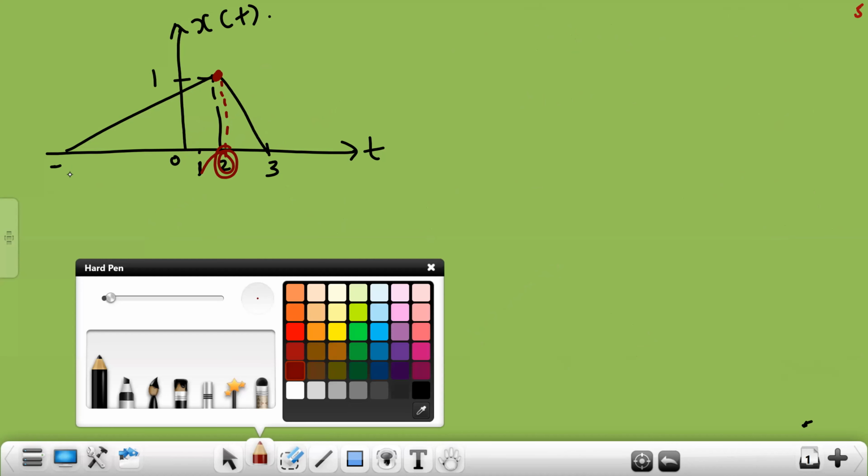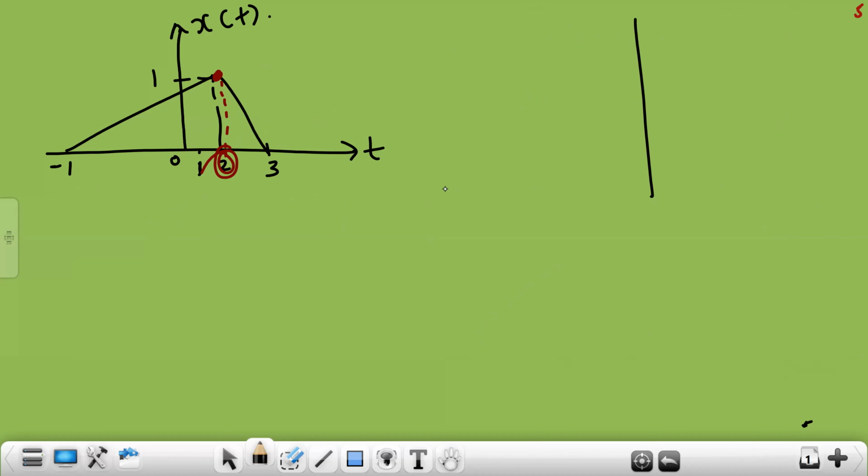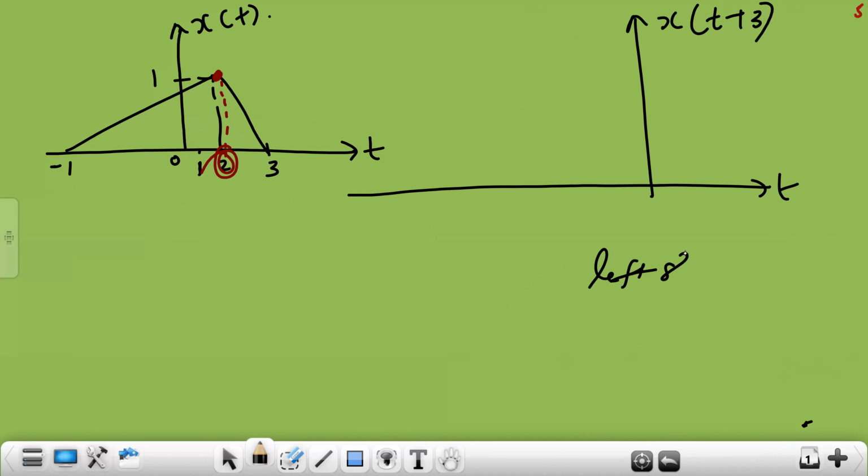By drawing this x of t plus 3, you need to shift the graph towards left side by 3 times. This is left shift by 3 times.